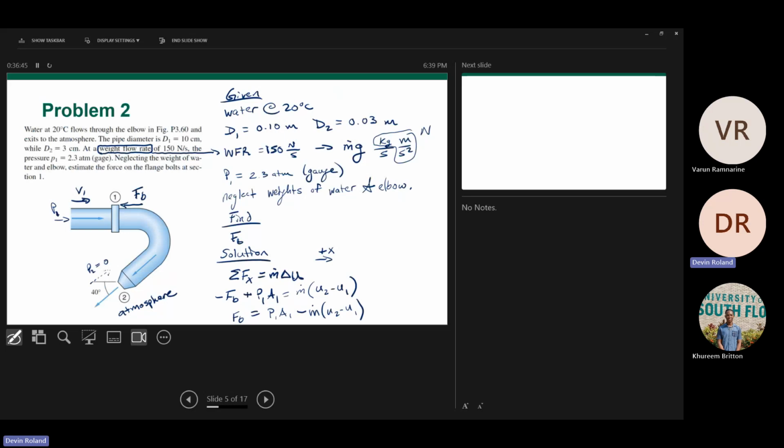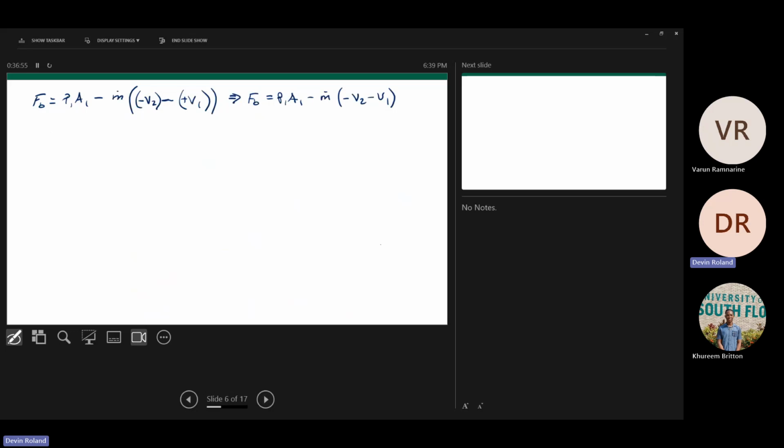All right, so we know what P1 is. We can solve for A1. And then the velocities are two unknowns right now, so we need to know what these are. We will solve for those by using our volumetric flow rate.